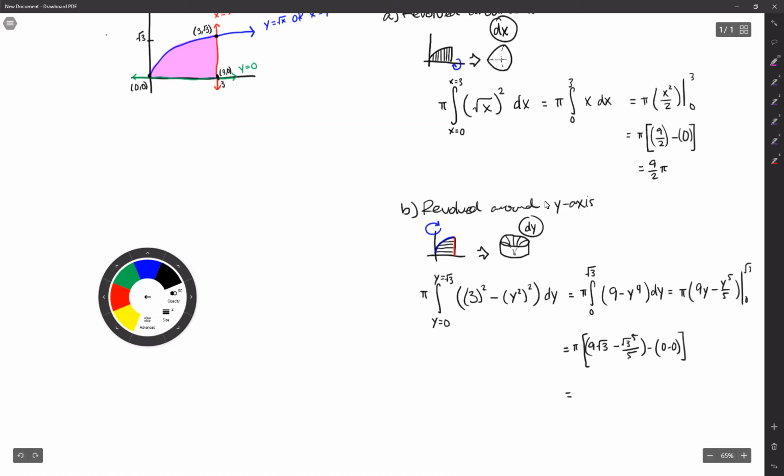Okay, about how to resolve this. 9 square root of 3 can stay that way. Now with square root of 3 to the 5th power, an easy way to think about it is you have 5 copies of square root of 3, all being multiplied together. That's what being to the 5th power means.